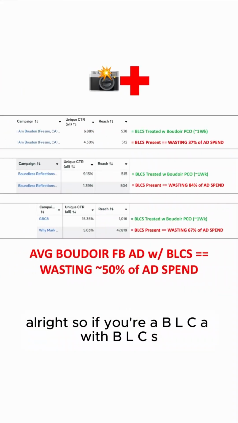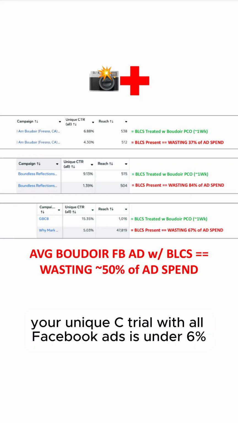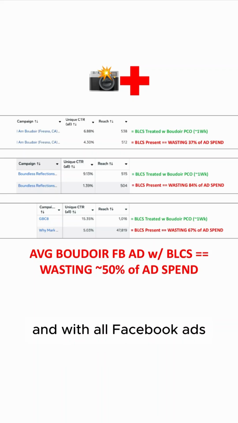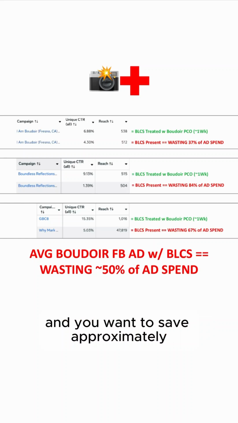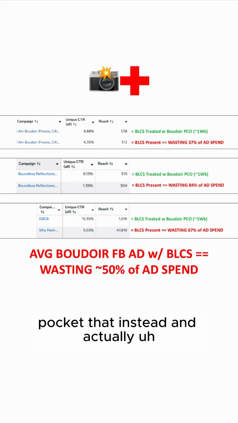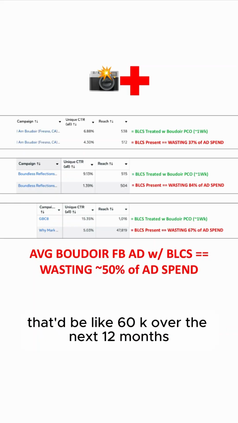All right, so if you're a BLCA with BLCS, so Boudoir low click advertiser with Boudoir low click syndrome, your unique CTR all Boudoir Facebook ads is under 6%, and you're spending more than 10 grand a month on Boudoir Facebook ads, and you want to save approximately 5K a month, or eliminate 5K a month in wasted spend, pocket that instead, and actually keep, on average, that'd be like 60K over the next 12 months.